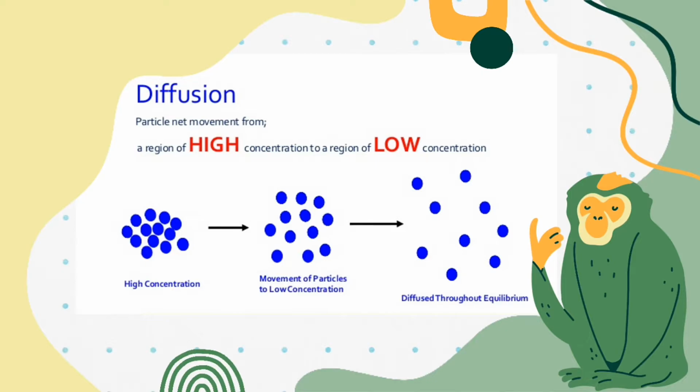So the part with higher concentration will have equal concentration with the other part at the end of diffusion. That is what we refer to as diffusion.